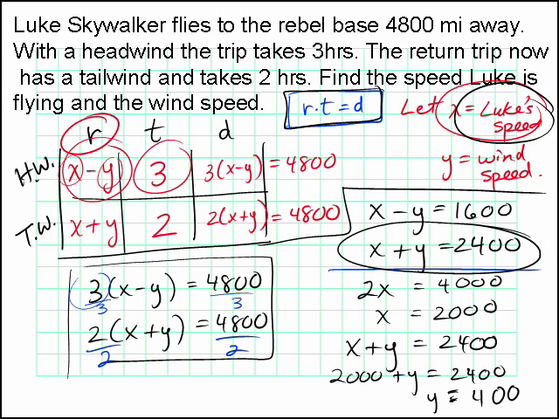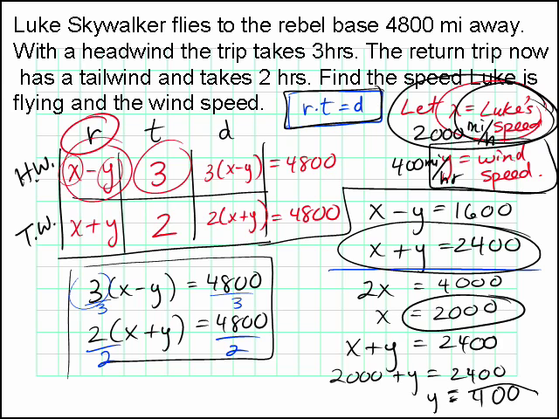And I'm out of room here, so let me just write it up here. Luke's speed would be 2,000 miles per hour, and the wind speed is 400 miles per hour. And those are our two solutions right there. Ran out of room. Okay, and that is our lesson on solving applications with systems of equations.